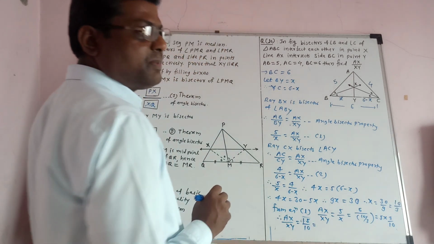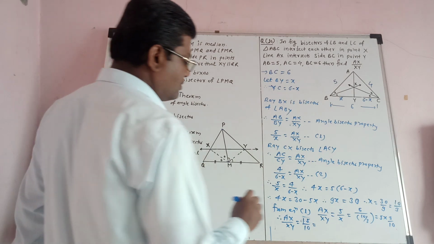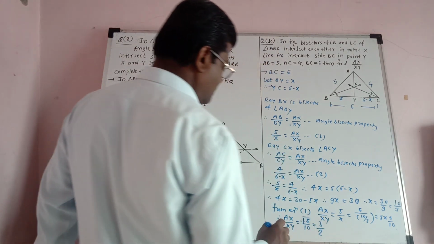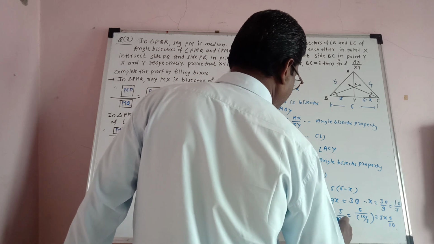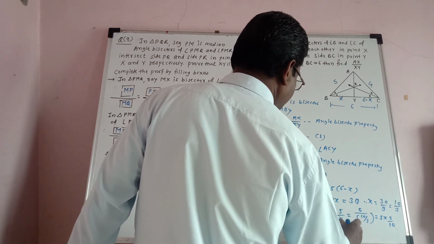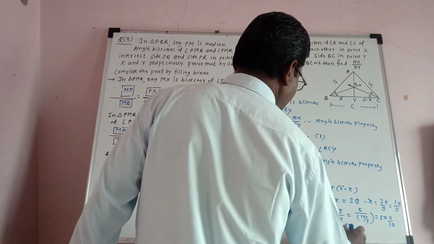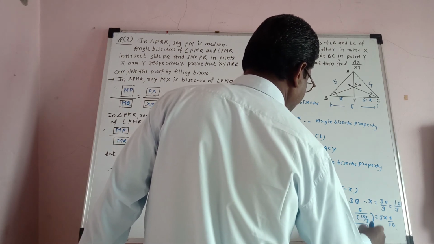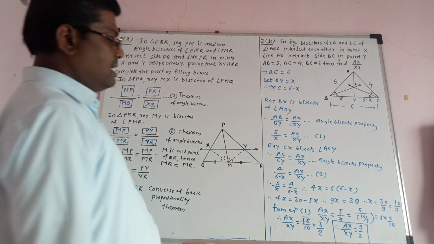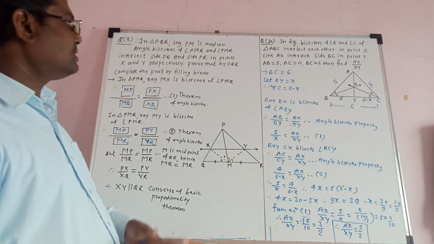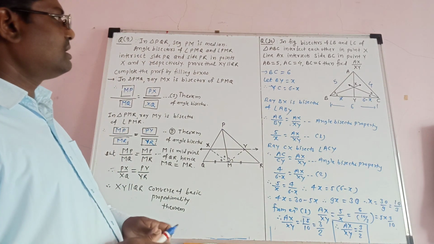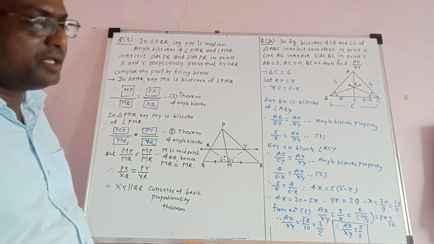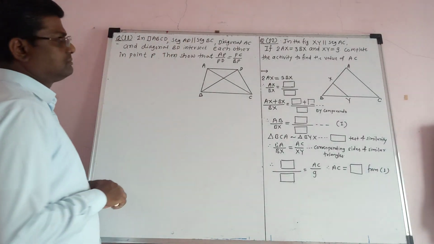Dividing by 5, 5 3s are 15, 5 2s are 10, that is 3 upon 2. Therefore AX upon XY is equal to 3 upon 2. This is by the angle bisector property.